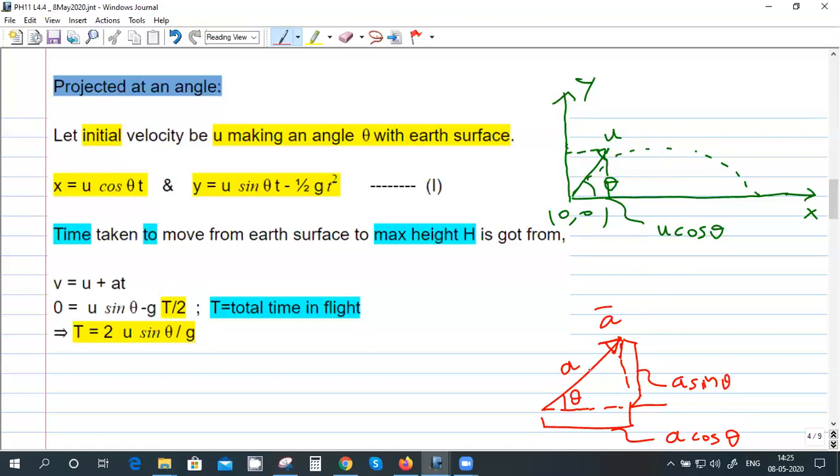So this A vector has been split into two components. So you can write A vector as A cos theta i cap plus A sin theta j cap. You know the triangle law of addition of vectors?